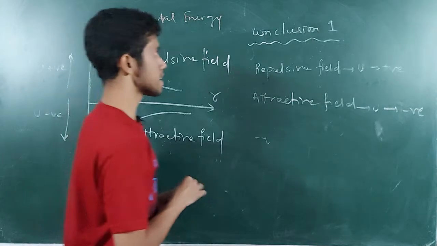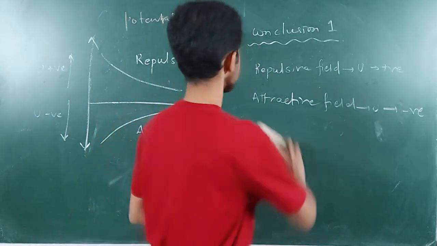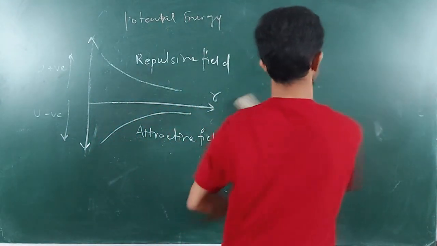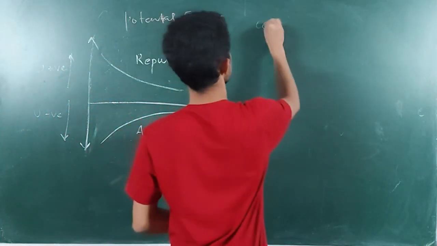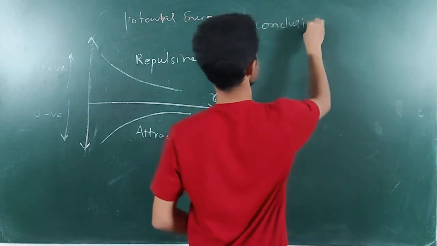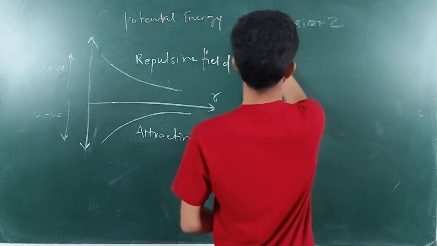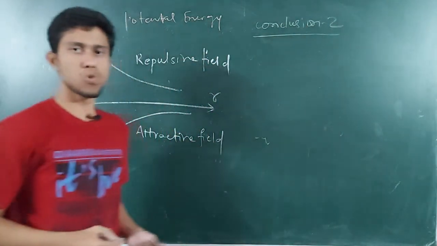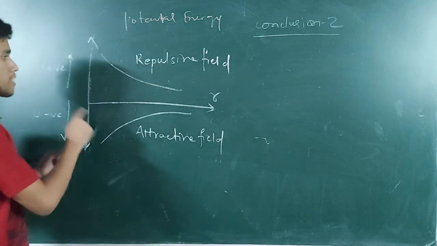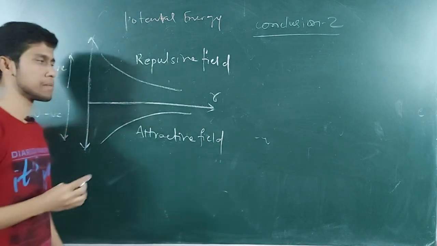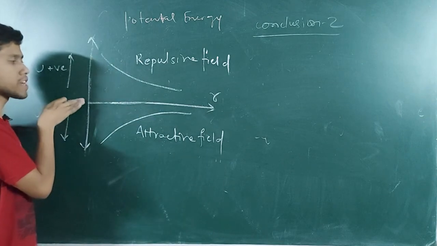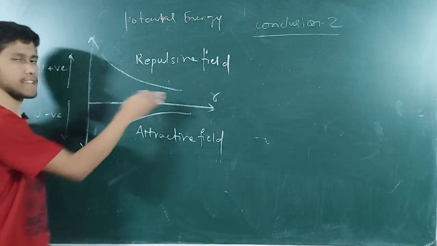Okay, so what is the next conclusion? The second conclusion. Now tell me, as you are increasing the distance between the two bodies, means you are increasing the r, you are going along the positive x-axis.